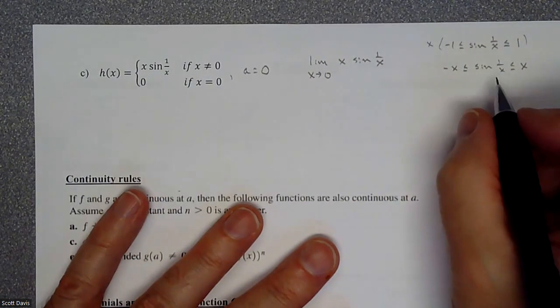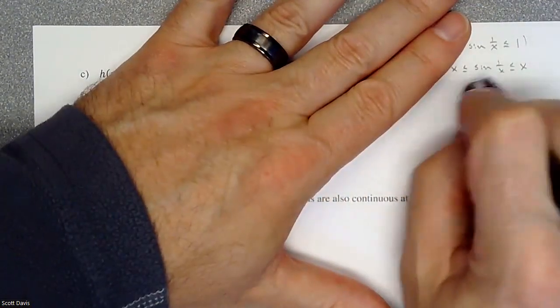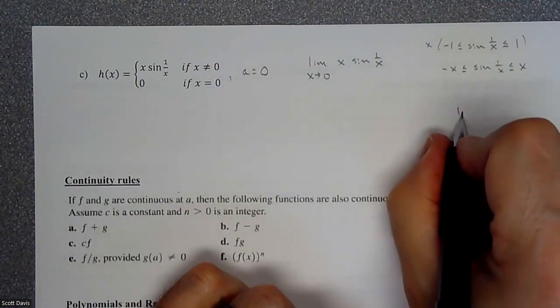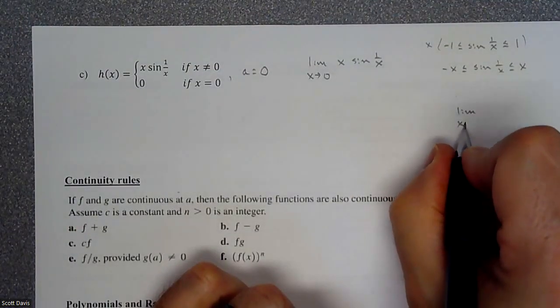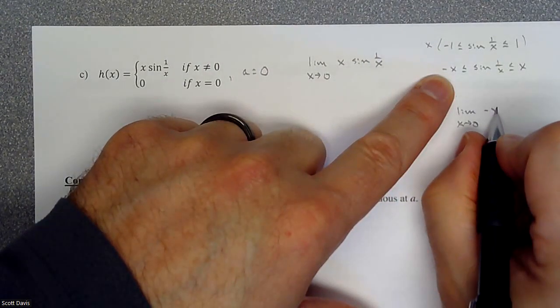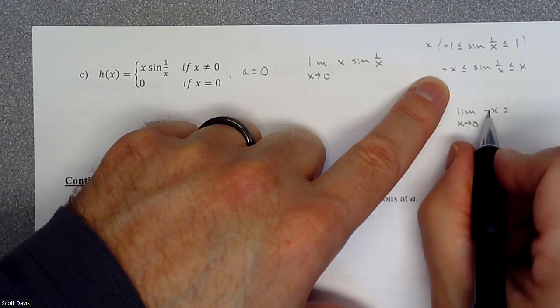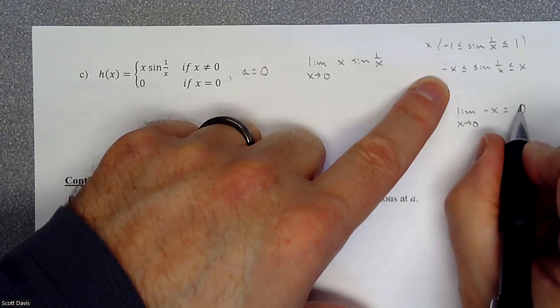Okay, so here's why we're doing this. What is our limit as we are approaching 0 on this value? As we're getting infinitely close to 0, what's happening to negative x? Well, it's approaching 0.